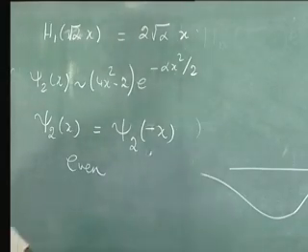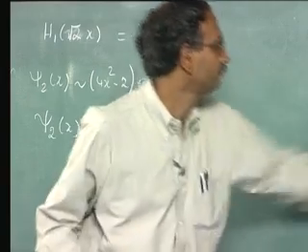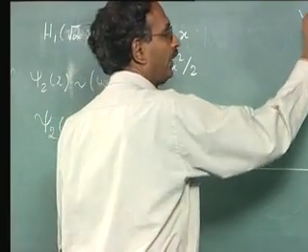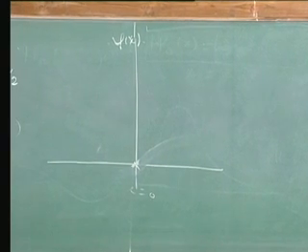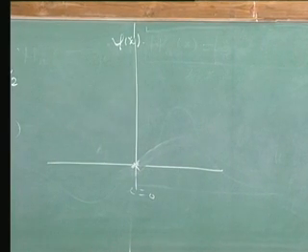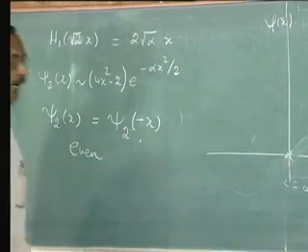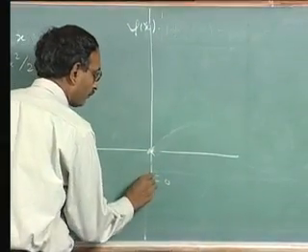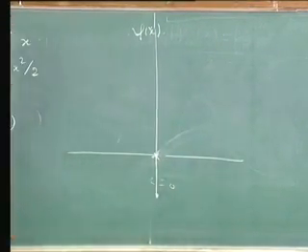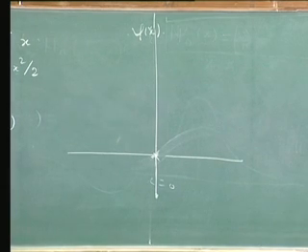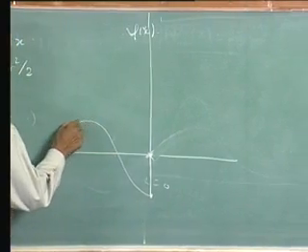Therefore, it looks the same both ways, whether x is less than 0 or greater than 0. Consider 4x square minus 2. At x equal to 0, the function has a negative value, and it is symmetrical. So the value of the function is the normalization constant multiplied by minus 2. It starts somewhere there, and then the function goes through a maximum before it goes to 0.